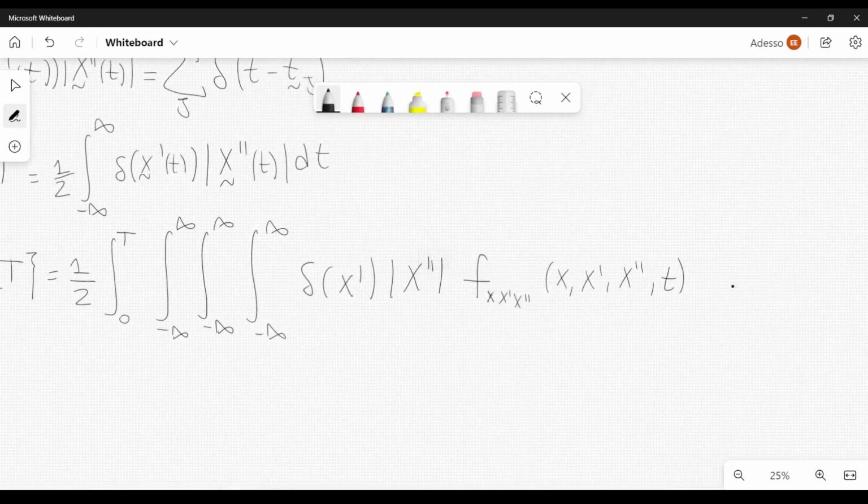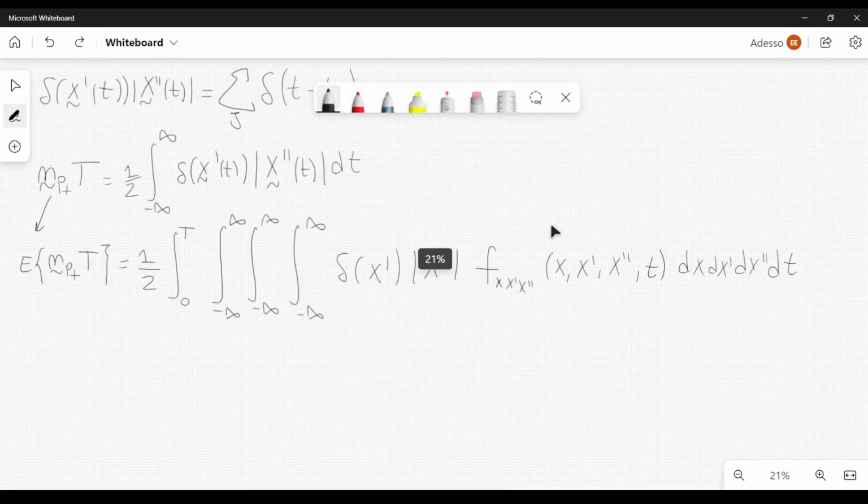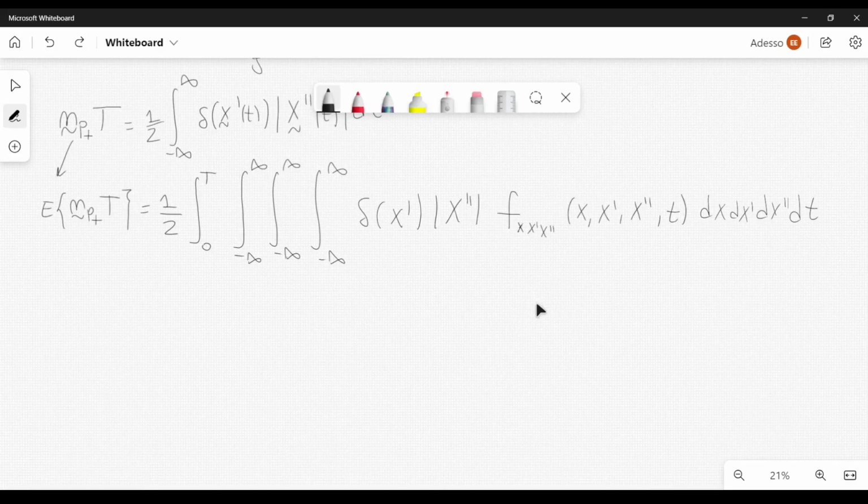And then here we have to consider the differentials. So we have dx, dx prime, dx double prime, and dt. So this dt belongs to the integral from 0 to t here, which could also be an integral from minus infinity to plus infinity, but I wrote it like that.